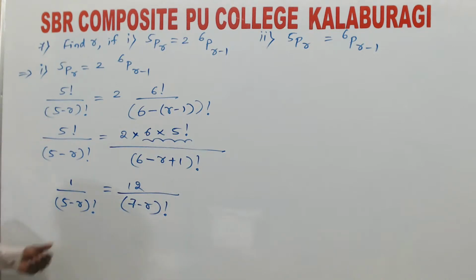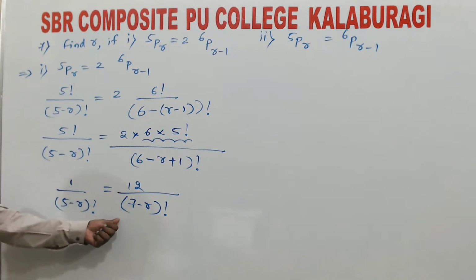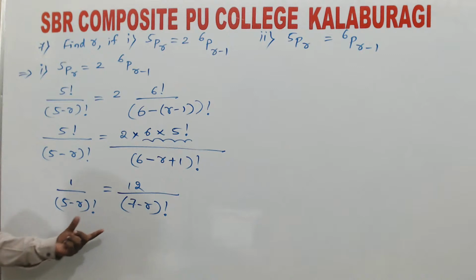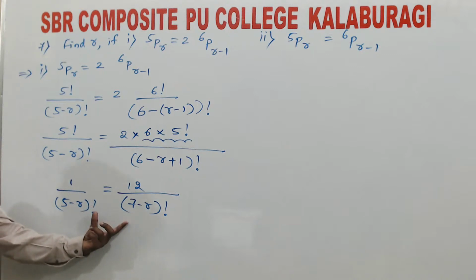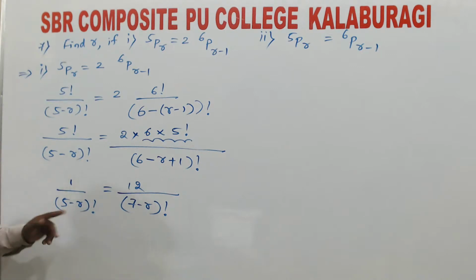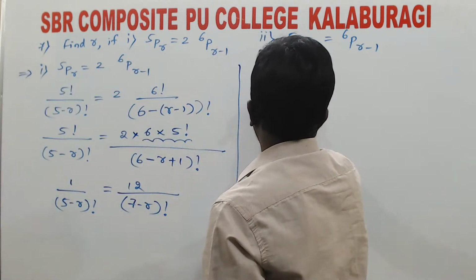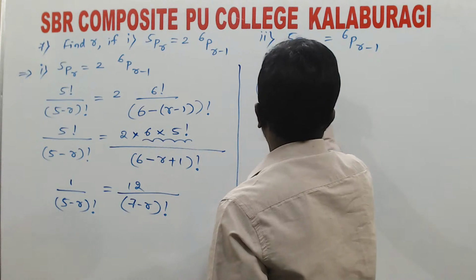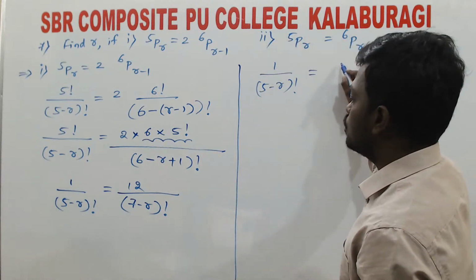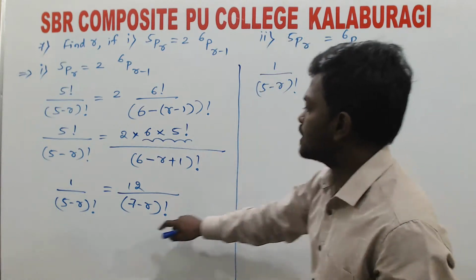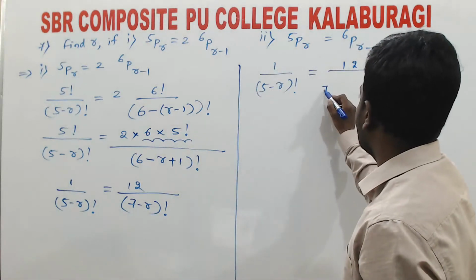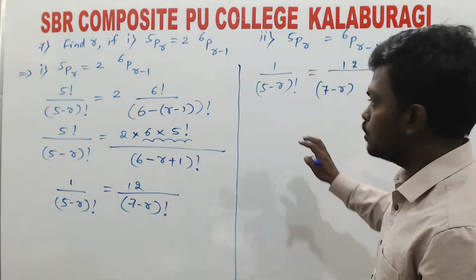Okay, students. So now we are reduced to this term. Now look at each and every term so that we make a common term and cancel the rest. So 1 divided by (5 minus r) whole factorial is equal to 12 divided by (7 minus r) factorial. Can I write (7 minus r) factorial as (7 minus r) into (6 minus r) factorial?